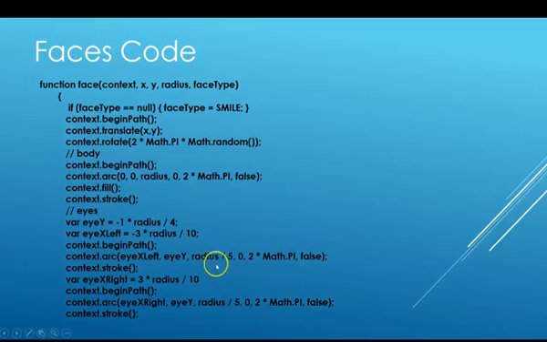So again, the radius is the radius of the body, and so 1/5 of that means that the eye will be 1/5 of that. Okay. And then we draw it here with the stroke. Now we go to the other eye. We go ahead and calculate its X value, begin a new path, draw that one and stroke that. So at this point, we've drawn the body and both of the eyes.